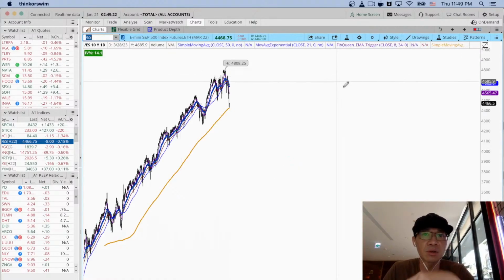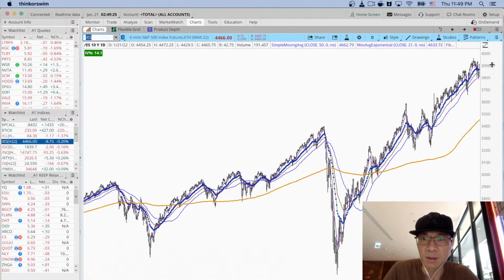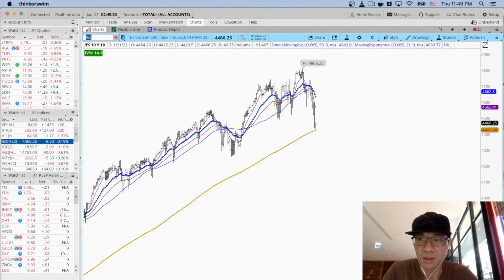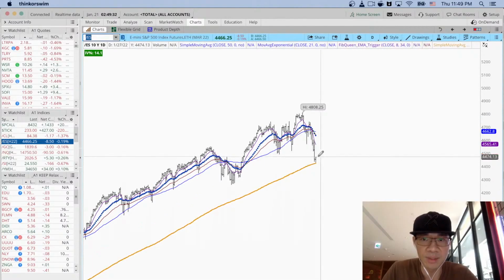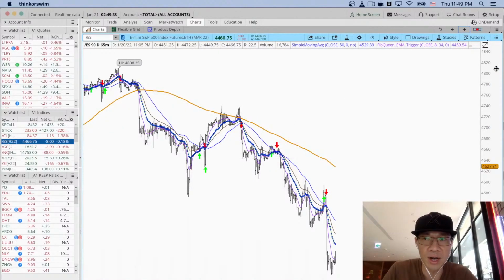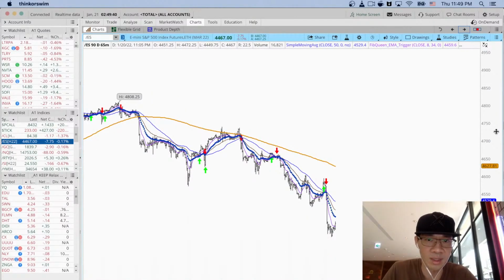Over here, S&P futures are being held up by that 200 moving average on the daily chart. Okay, so this is going to be significant. Let's see if we continue to hold against that area. But on the hourly chart, we've been establishing a series of lower highs and lower lows for weeks now. So we hit that new recent high. I think we're two weeks into this.